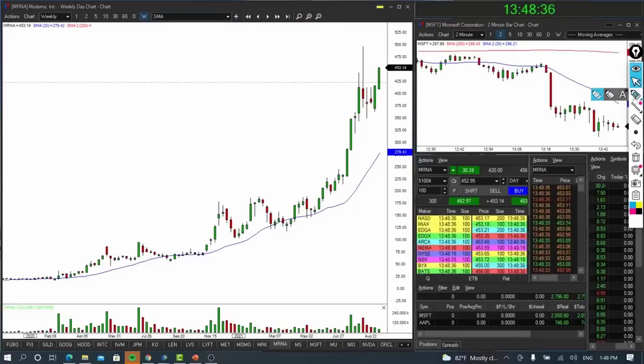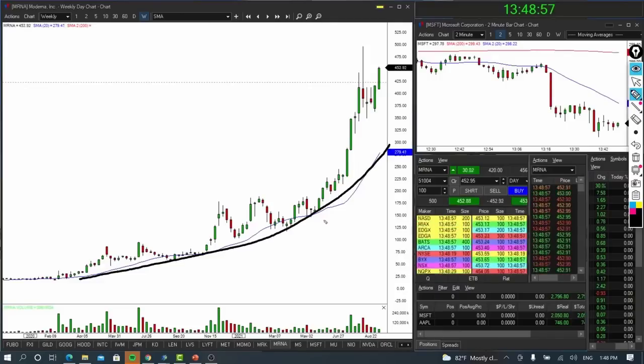What you're looking at right now is a stock called Moderna. This is one of the companies that produce the vaccines, the Moderna vaccine. Now, listen, I want you to know that we have a 20-period moving average. Every bar represents 1 week of trading.